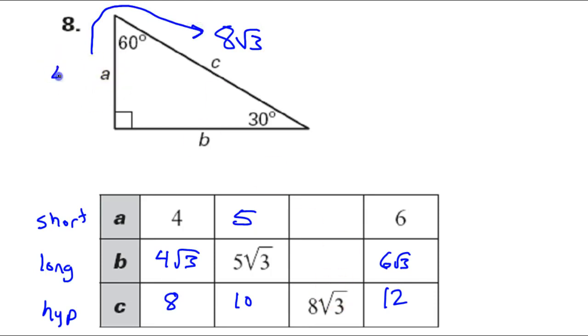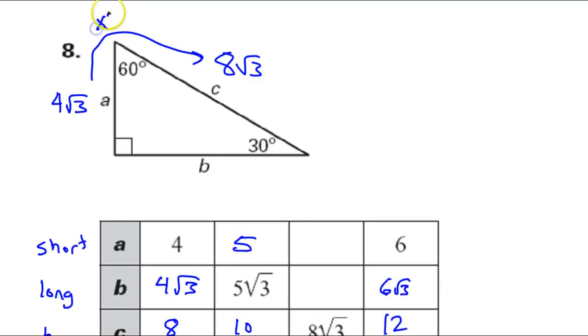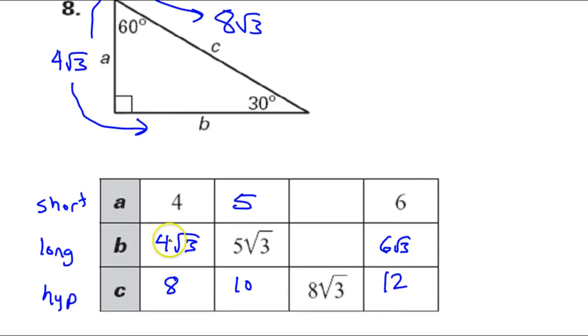So the short leg must have been 4 radical 3, because that's what, if you multiplied by 2, would give you 8 radical 3. So that wasn't too hard. But then understanding what the long leg is going to be. So far we know that if the hypotenuse was 8 radical 3, the short leg is 4 radical 3.